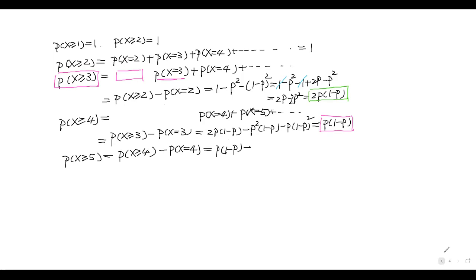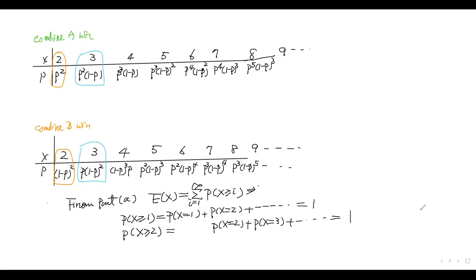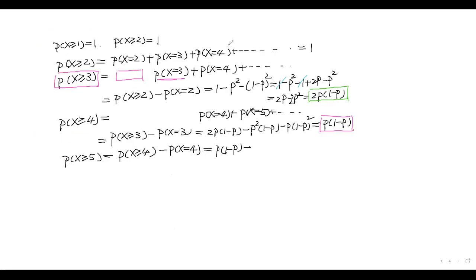Okay, now let's go back to my previous x equal to 4. So what is x equal to 4? This term is p cubed (1 minus p), and the (1 minus p) cubed times p is here. Wow, it really looks pretty good, right?